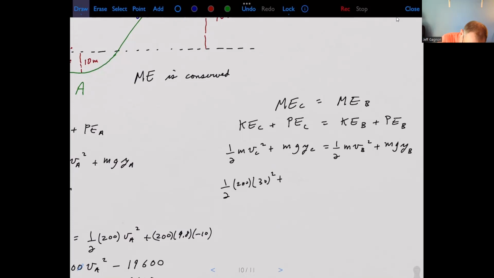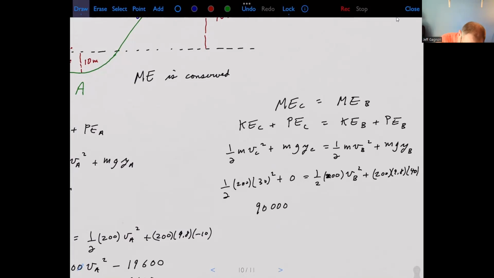Remember, yc was 0, so that potential energy at C is 0. Then this is 1/2 times 200 times, we're looking for VB, so VB squared, plus 200 times 9.8. And then yB is 40, because it's positive 40 above the reference point.